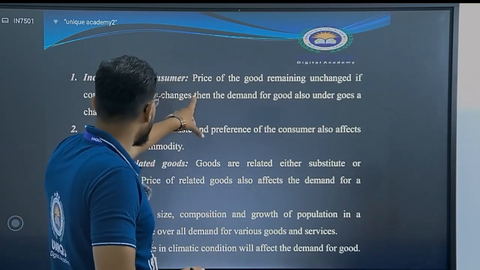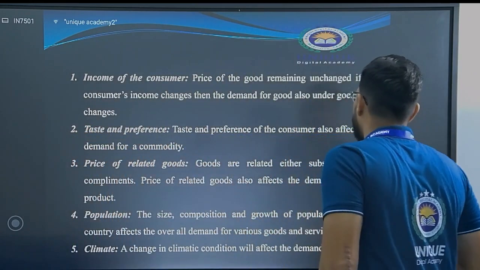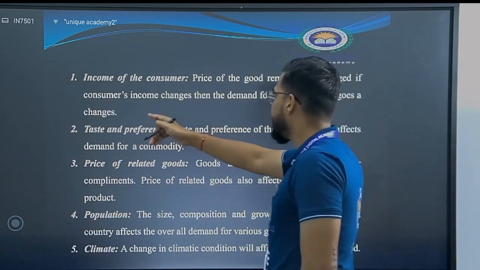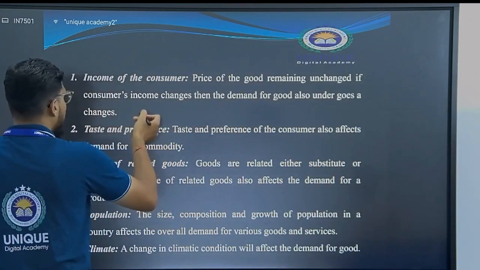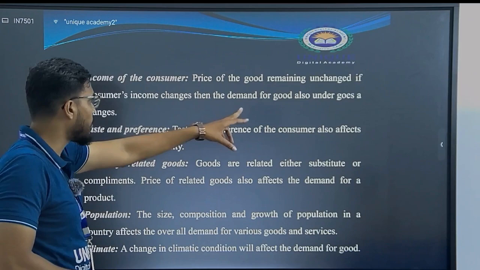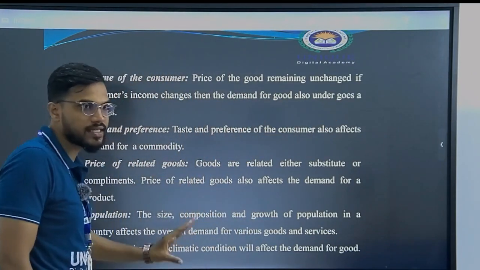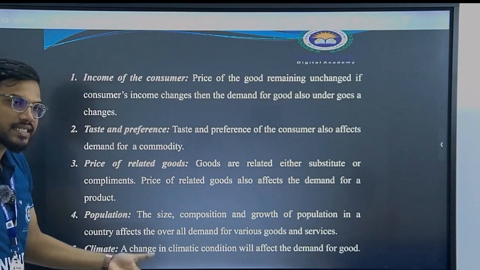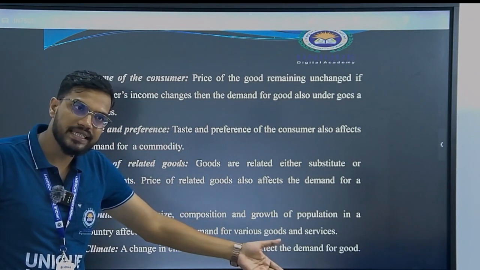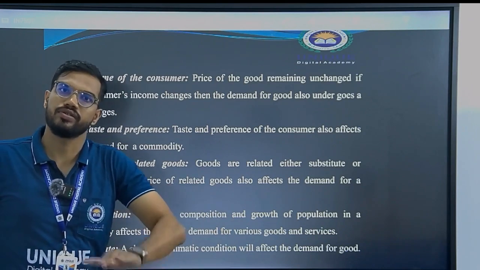So, the price of the good remaining unchanged, if the consumer's income changes, either increases or declines, then the demand for the good also changes. It means when income increases, the demand for the commodity increases, and when income declines, the demand for the commodity also declines.